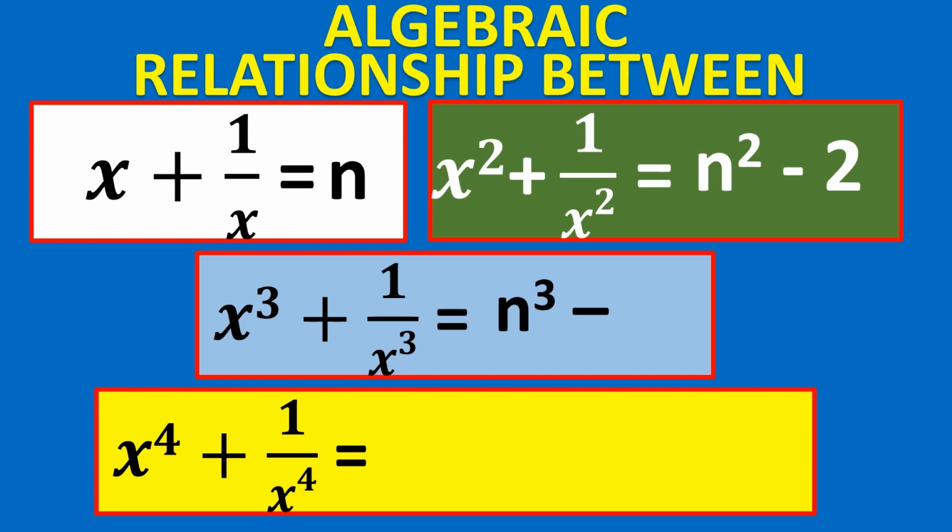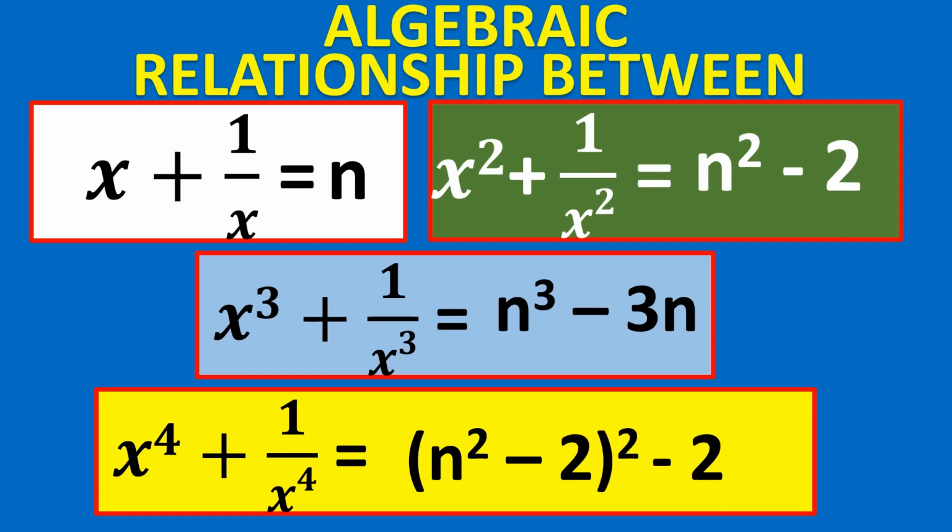Then along the line, we also established that x cubed plus 1 over x cubed is equal to n raised to the power 3 minus 3n. And then finally, we established that x raised to the power 4 plus 1 over x raised to the power 4 is equal to (n squared minus 2) all squared minus 2.